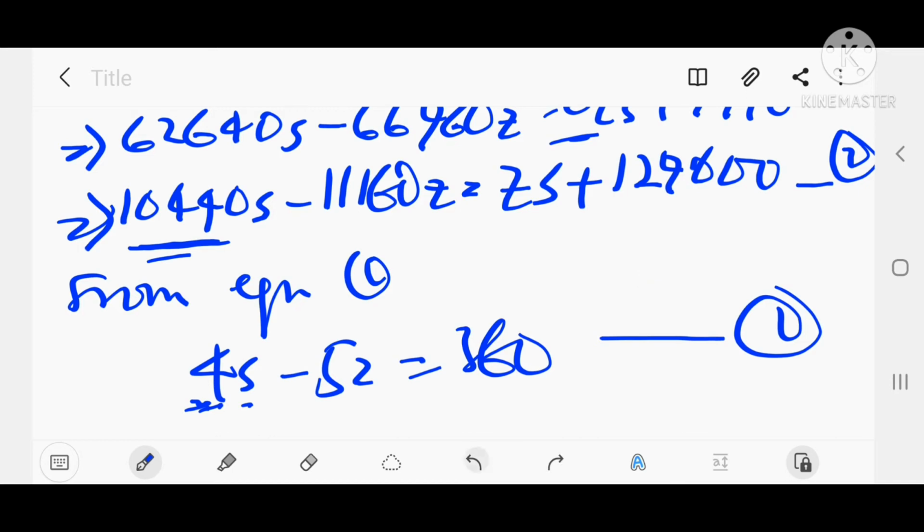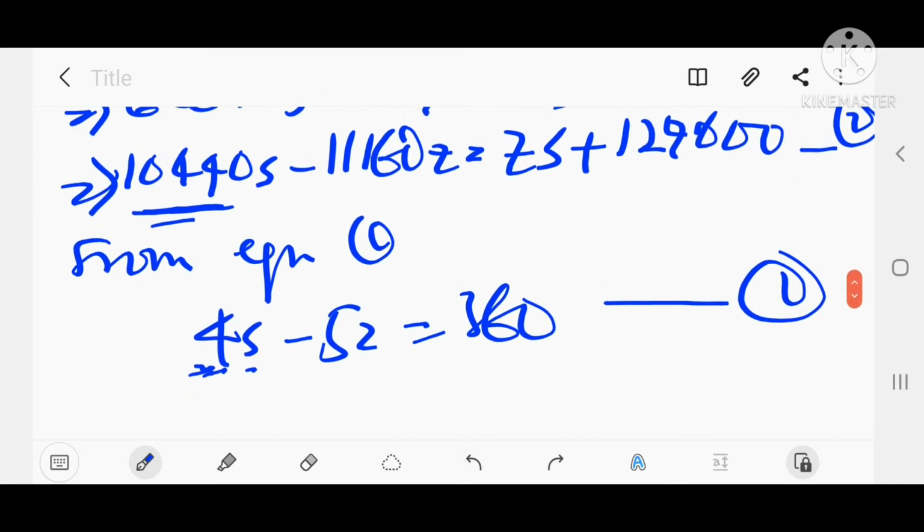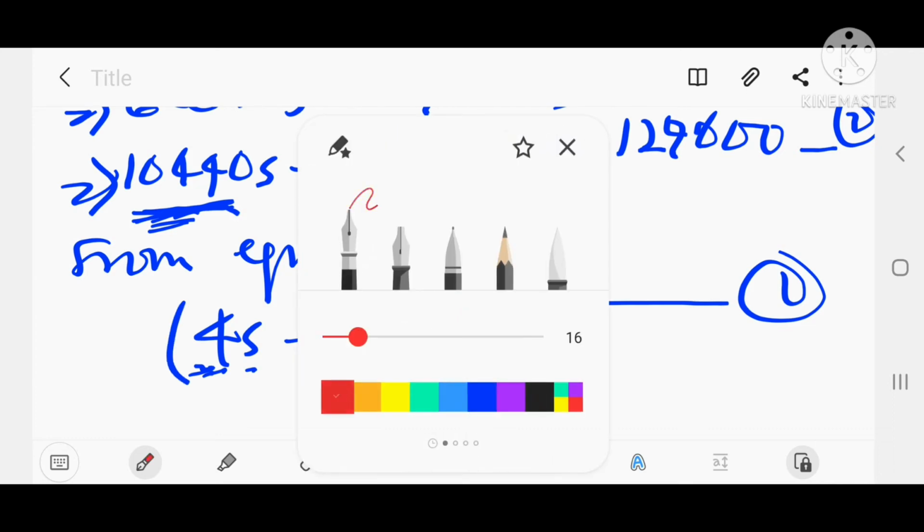To do that, we divide the coefficient of s in equation 2, that is 10440, by 4. When you do that, you get 2610. So 2610 can be used to multiply equation 1.